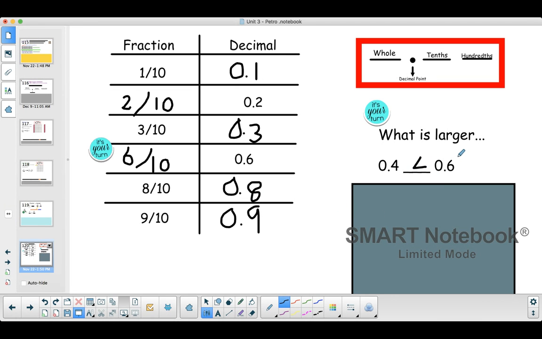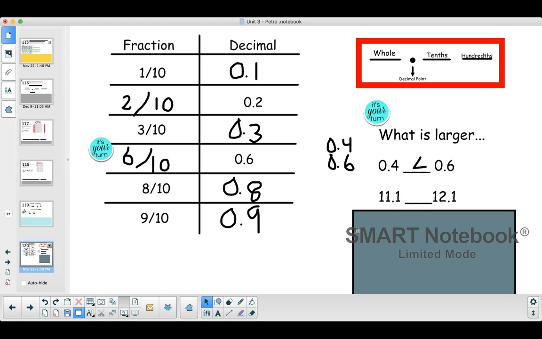I noticed that if you compare by just looking at place value, stack your numbers that you're comparing, and start from left to right, you would see that you have a 0 in the ones place, or you have 0 wholes. And then if you compare the tenths place, 6 is greater than 4, so you know that 6/10 is greater than 4/10.